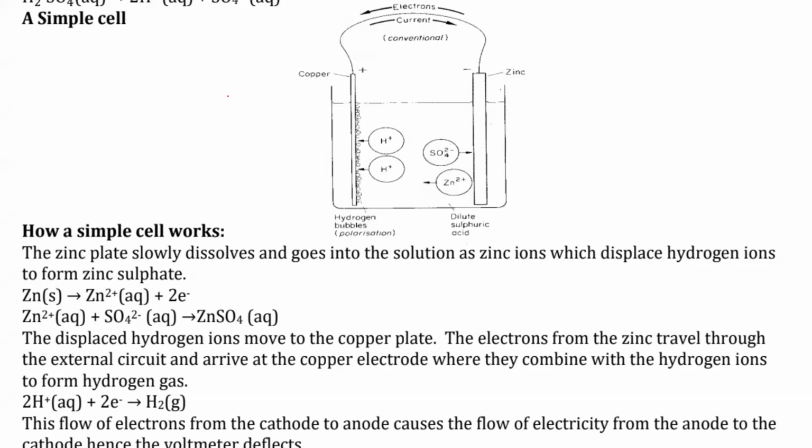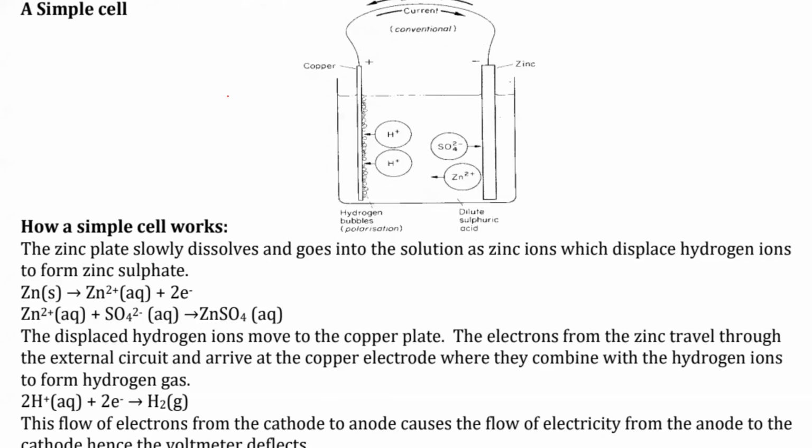We get 2 electrons being lost from zinc, and then they will become zinc ions, which are aqueous.